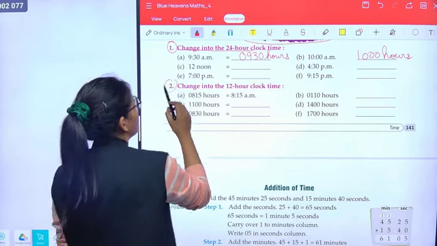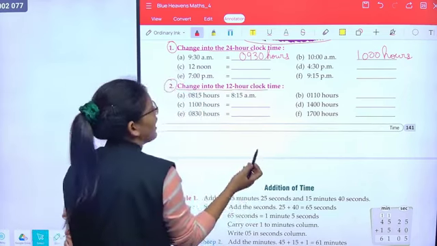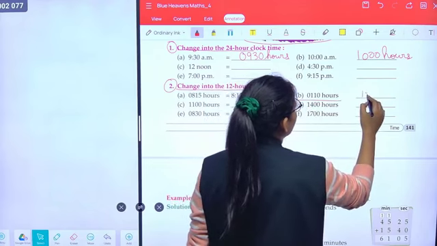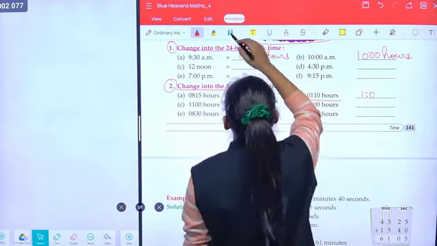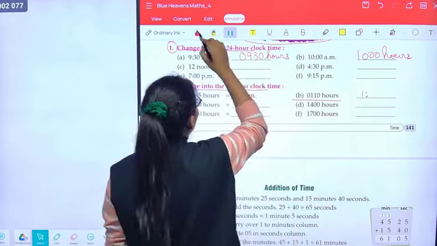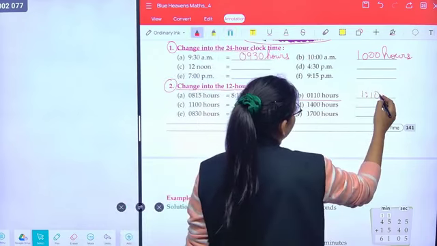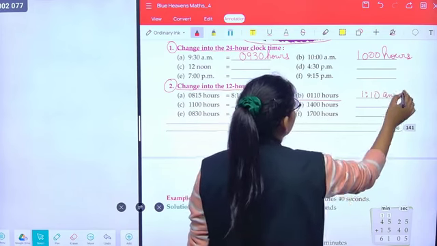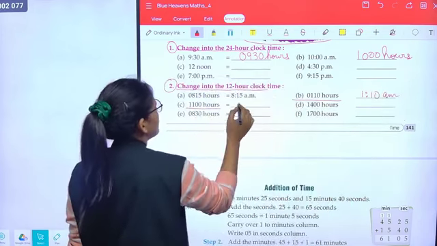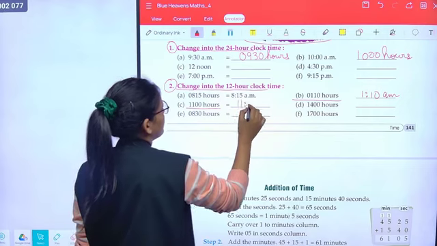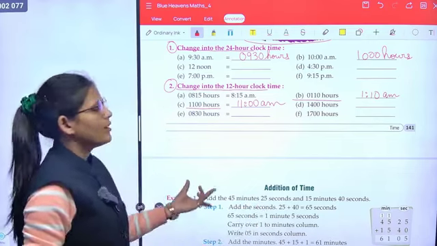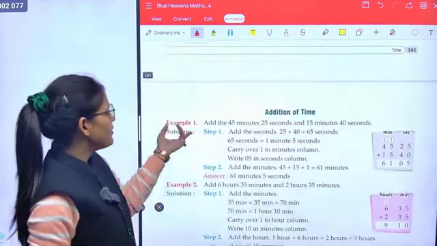Students, question number 2, change into the 12-hour clock time. Now it is class 1:10. Okay, 1:10 a.m. Now it is 11 a.m. Okay, class. Now rest of the parts do yourself.